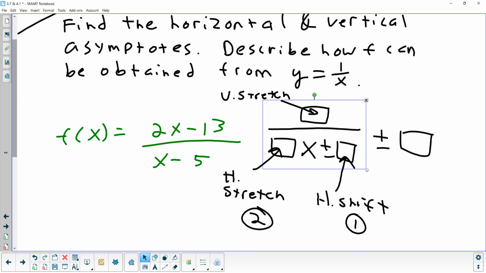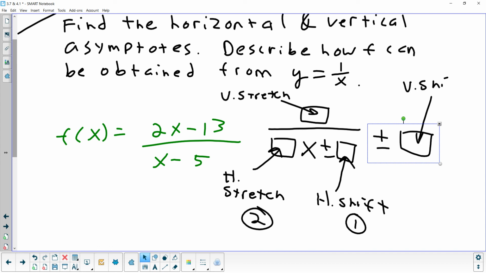So anyone have a guess which way this is going to shift the function? When you add or subtract a number on the end of it? Yep. Up and down. That's going to be an up or a down. And the numbers that I put with them is always the order you would list them in. Now, in box 2 and box 3, you could have a negative.